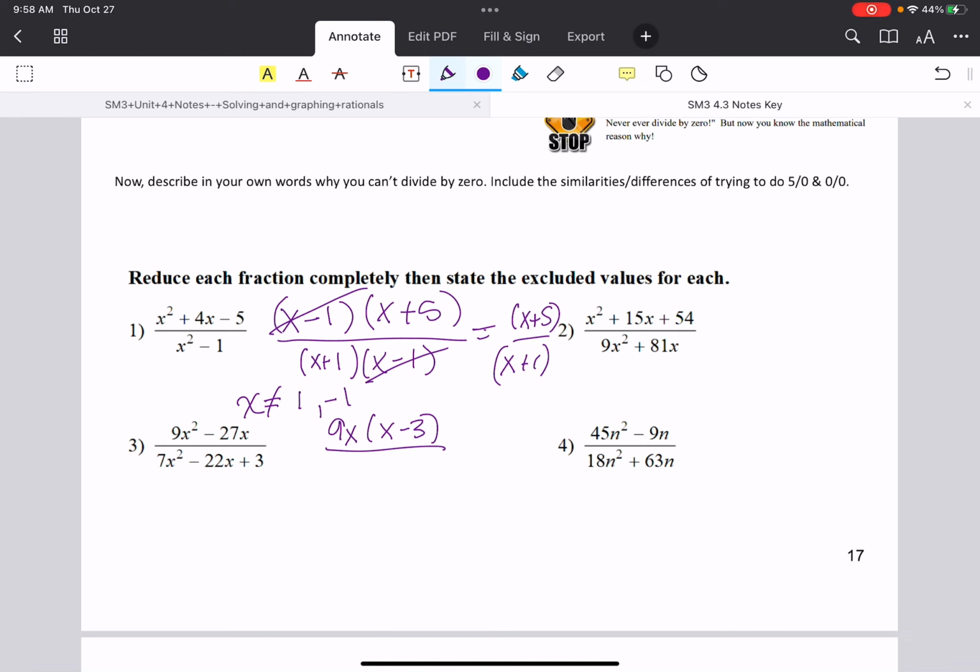And then what were the factors on the bottom? 7x minus 1 times x minus 3. Awesome. So this reduced to? Yep. And what were the excluded values? Negative 3 and 1 over 7. Very close. Oh wait, 3. 3. And then 1 over 7. Good.